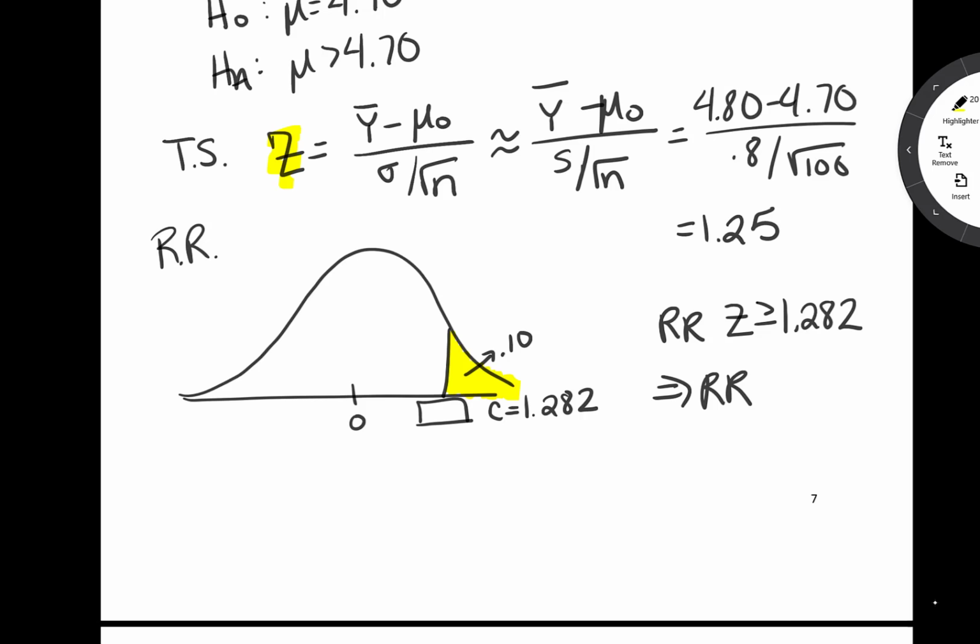And so again, using the rejection region is very similar to using the p-value. It's just we're working with the endpoints on the distribution instead of the area under the curve.